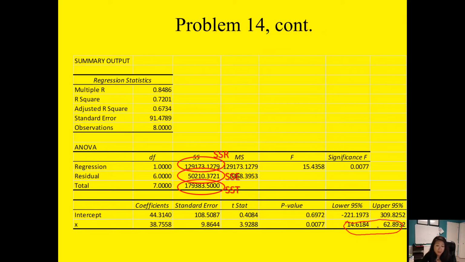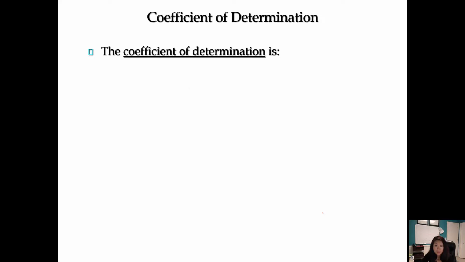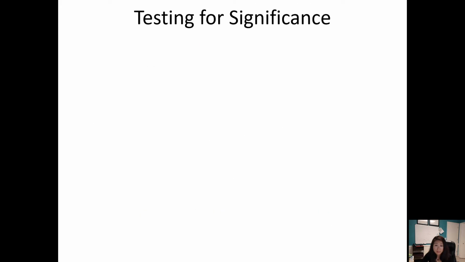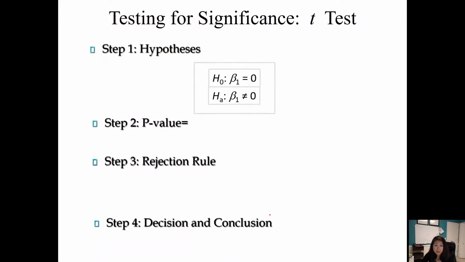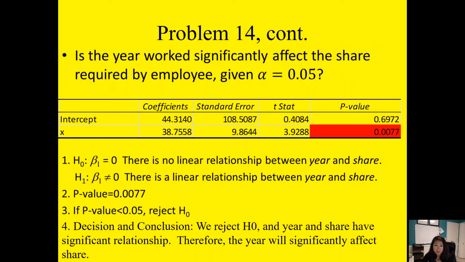If beta 1 is not equal to 0, that indicates x and y have a significant relationship. In this specific case, x is the year and y is the share, so the number of years worked for the firm significantly affects the number of shares the employee owns. We get the same conclusion as the hypothesis testing.